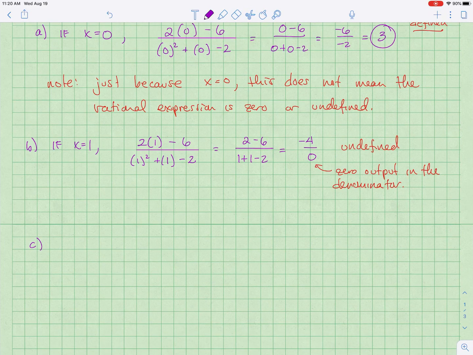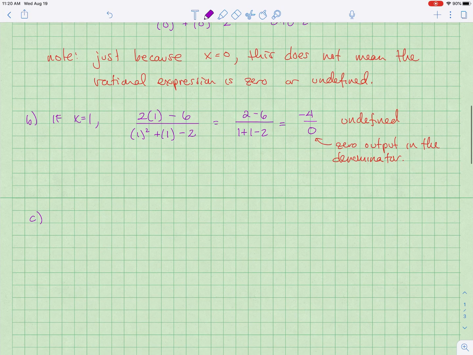C. x is equal to 2. If x equals 2, we have 2 times 2 minus 6 divided by 2 squared plus 2 minus 2.